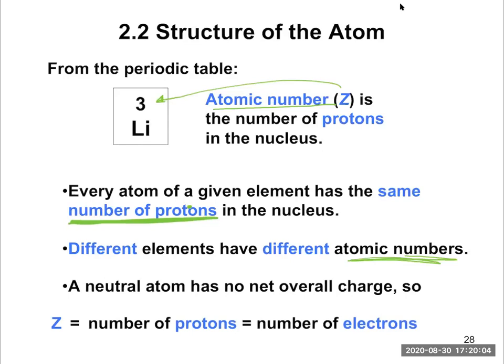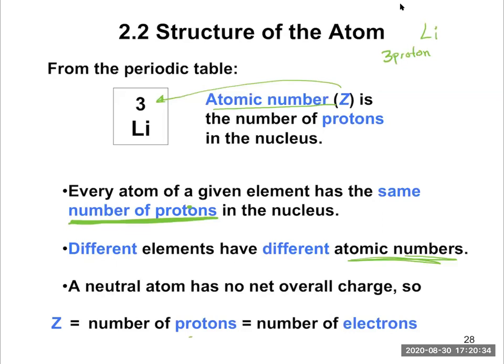A neutral atom has no net charge, so the protons equal the number of electrons. So that's why it's 0, because if you have something with no charge, for example, if I tell you I have lithium without charge, you already know, because the atomic number of Li is 3, that it has 3 protons.